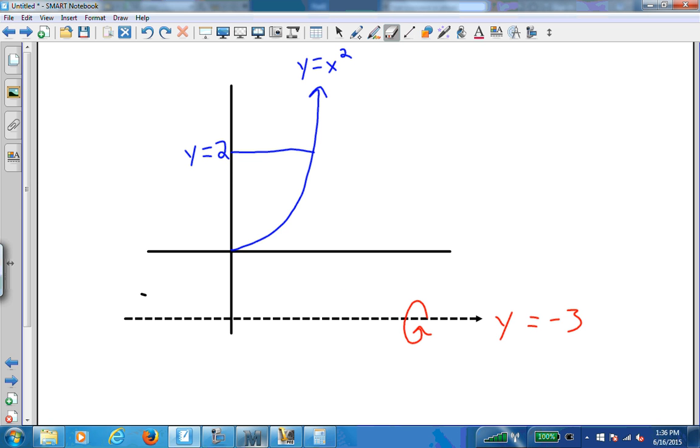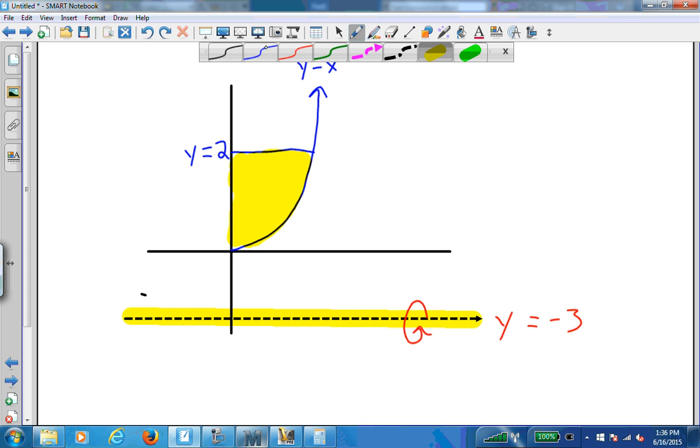So our enclosed area that's being rotated is this, and this is getting rotated around this line. Since our rotation is horizontal, we need a vertical element.